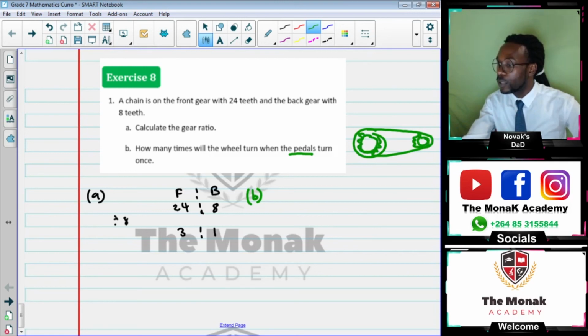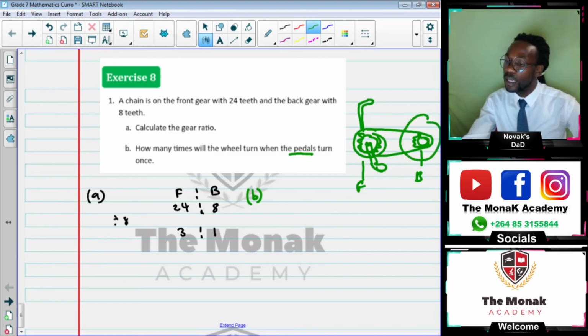So pedals are always here. Pedals are always on the front, and then the wheel is the one at the back. The wheel will be somewhere here, right?